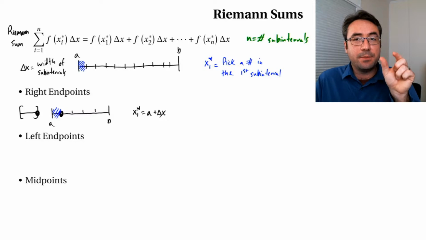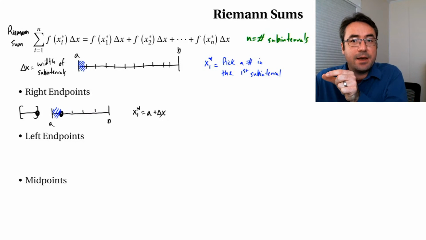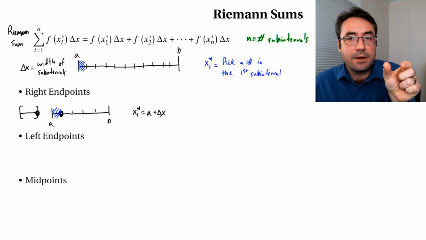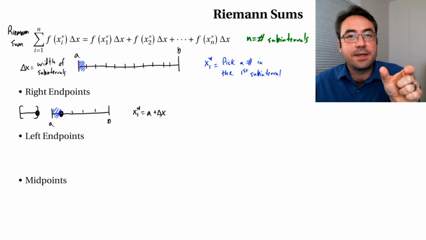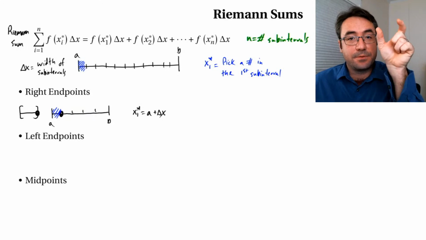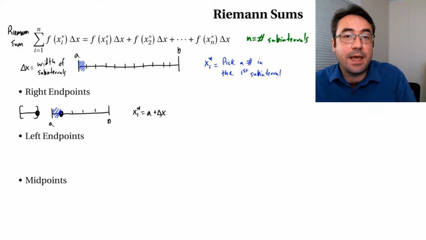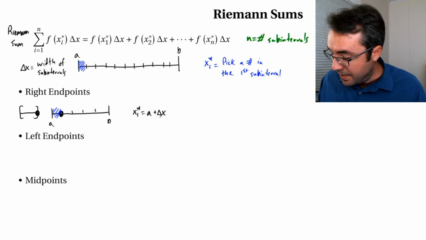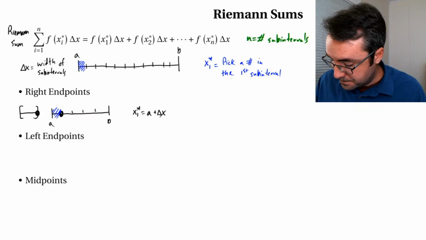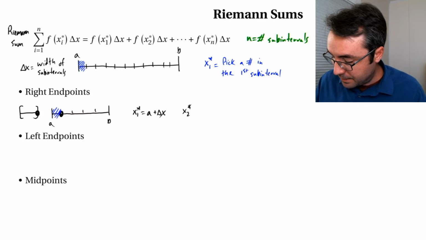So when we look at our subintervals, for each subinterval that we have, we're going to pick one number out of that subinterval. In the context of doing right endpoints, for that first subinterval, we're going to pick the right endpoint, and it turns out to be A plus delta x. And then to get the rest of them, our second point, our third point, and so on, we just add delta x.